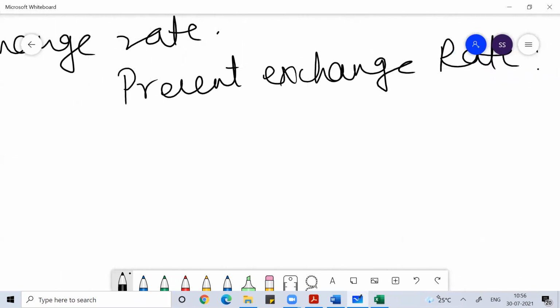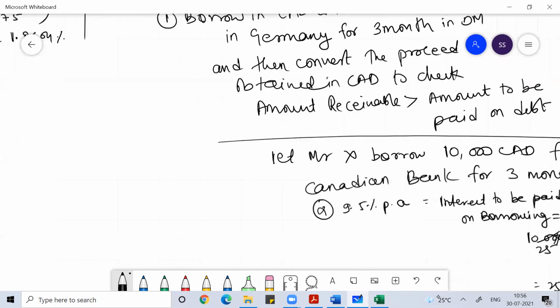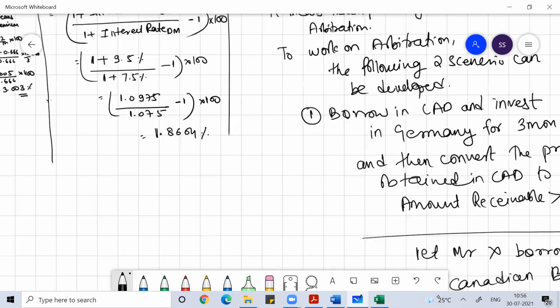One Deutschmark is equal to 0.666 Canadian dollar. Right? This is your present exchange rate: one Deutschmark is equal to 0.666 Canadian dollar.